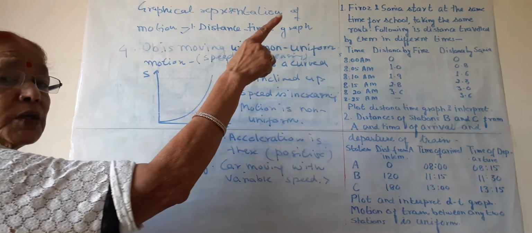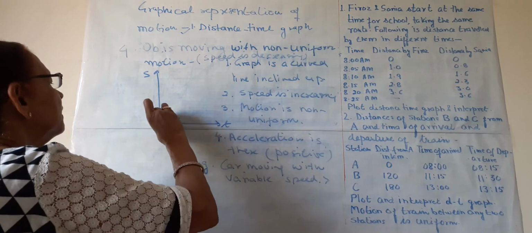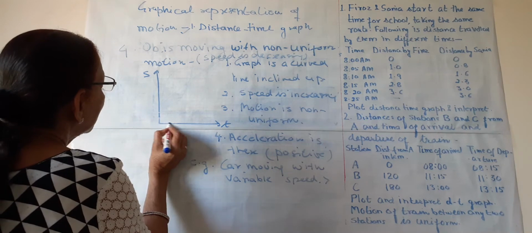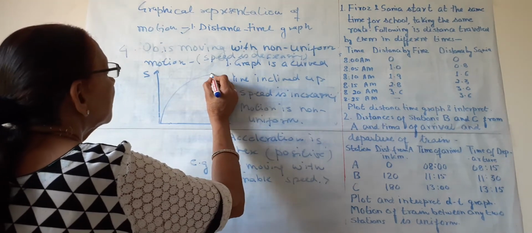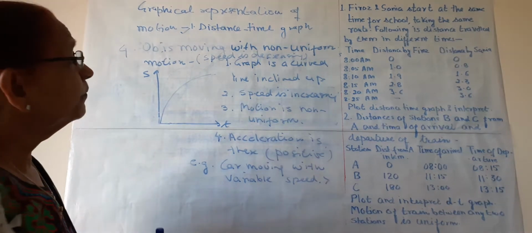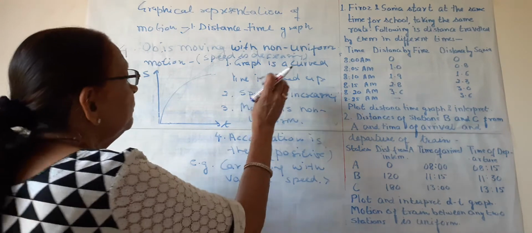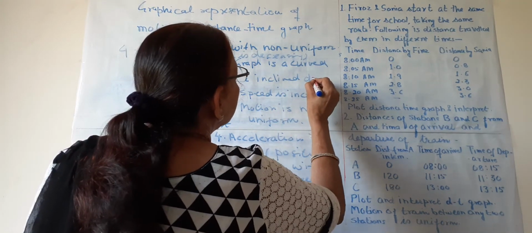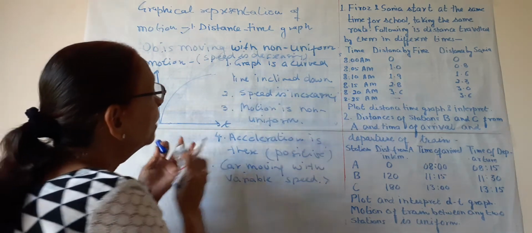First, speed was increasing, and the second, speed is decreasing. For decreasing speed, the graph line is somewhat like this. So we will write: the graph is a curve inclined down.